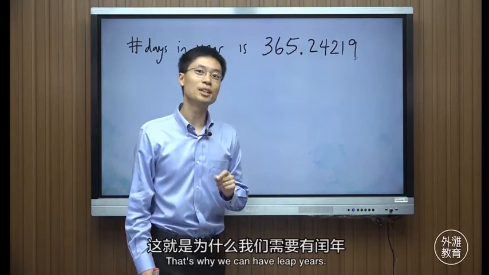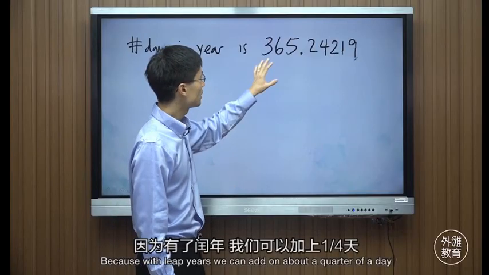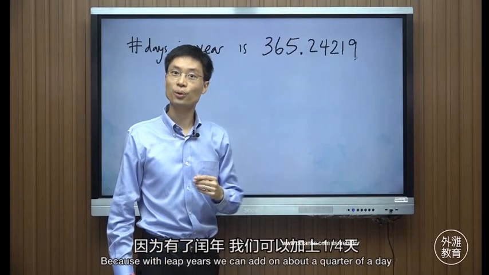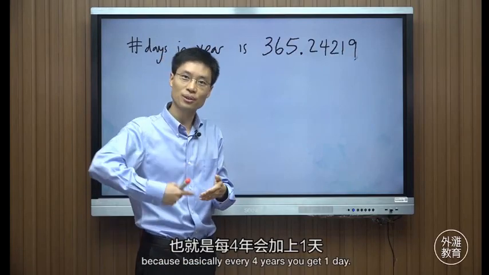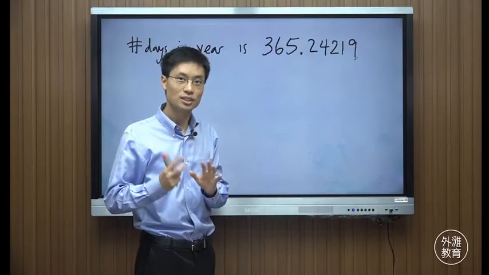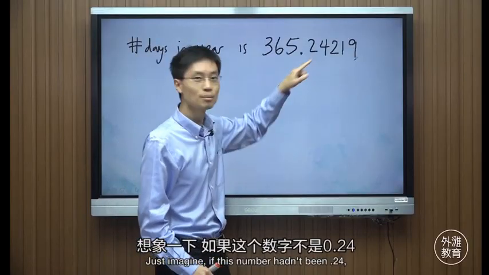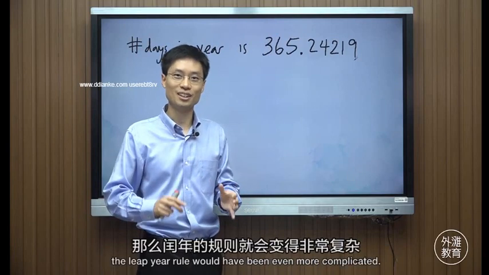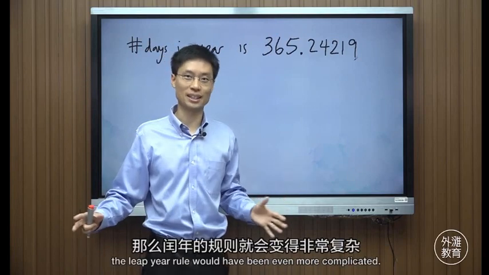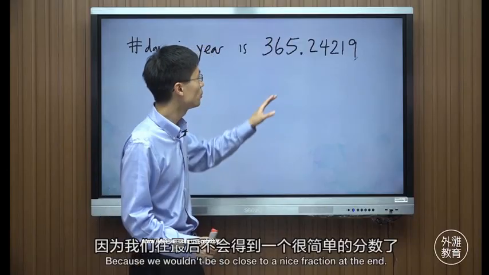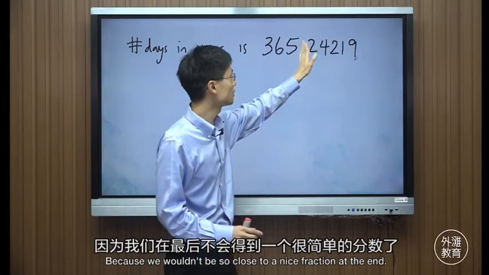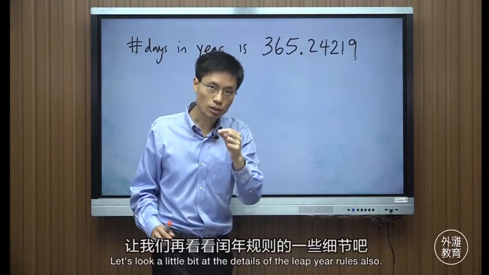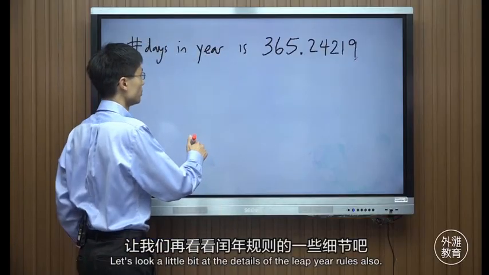That's why we can have leap years. Because with leap years, we can add on about a quarter of a day, because basically every 4 years, you get 1 day. Just imagine, if this number hadn't been 0.24, but some other horrible number like 0.23, the leap year rules would have been even more complicated, because we wouldn't be so close to a nice fraction at the end. Let's look a little bit at the details of the leap year rules also.